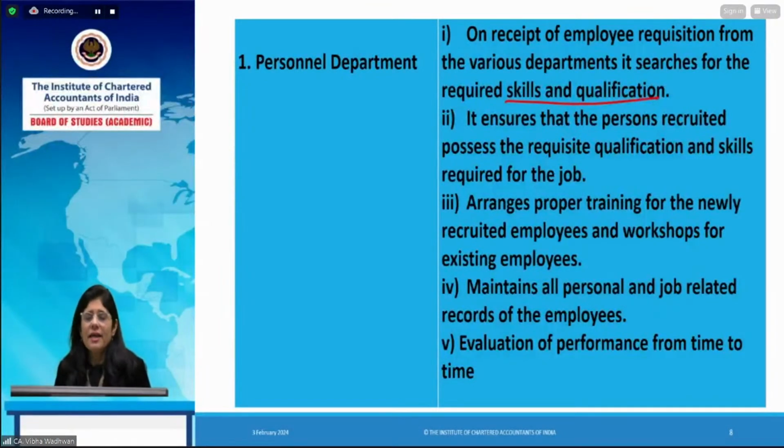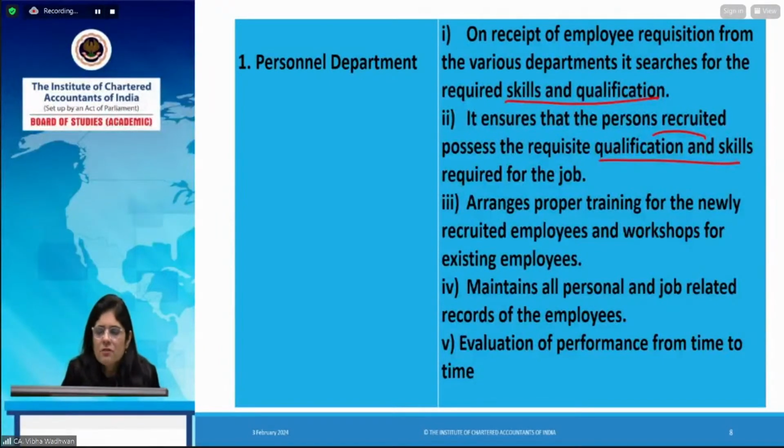So there has to be coordination. What you want in a supervisor, accordingly the personnel department will look for that particular person to fill the vacancy. So it ensures that the persons recruited possess the qualification and skills required for the job. It's a very, very big responsibility on the personnel department to search for a suitable person to fill the vacancy.